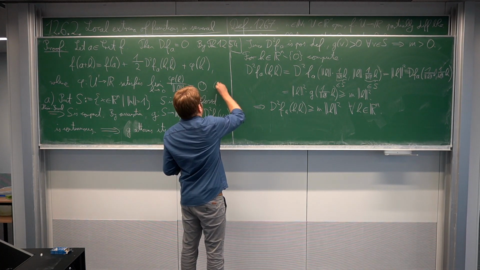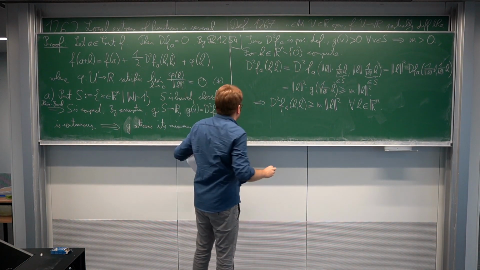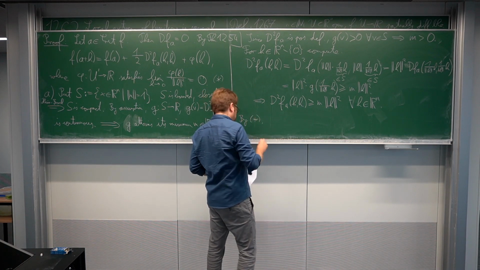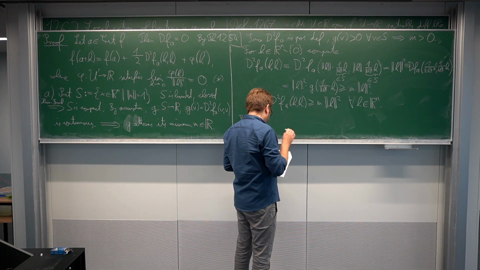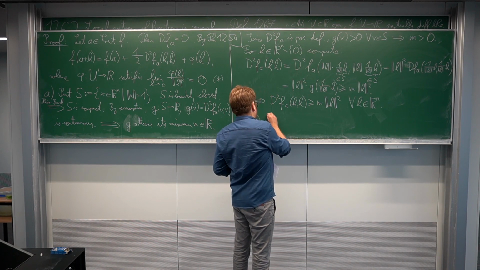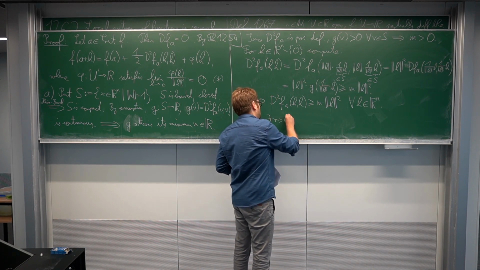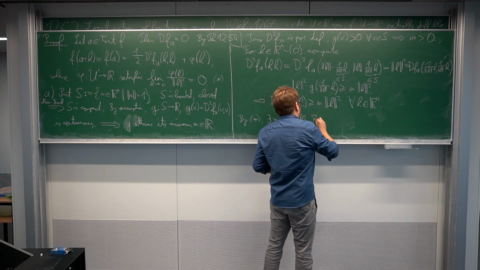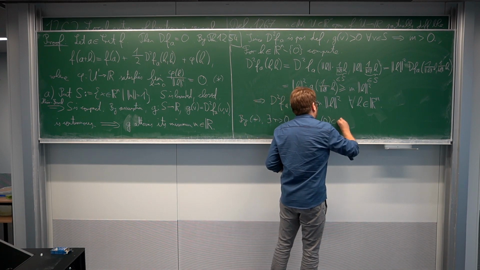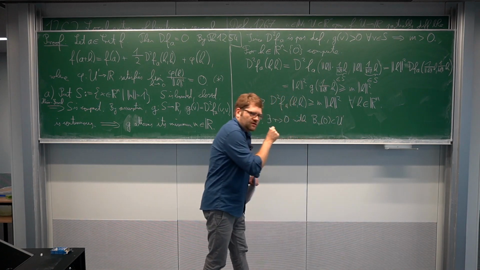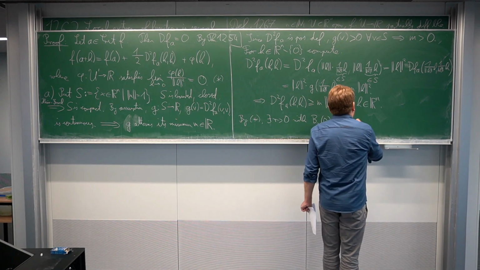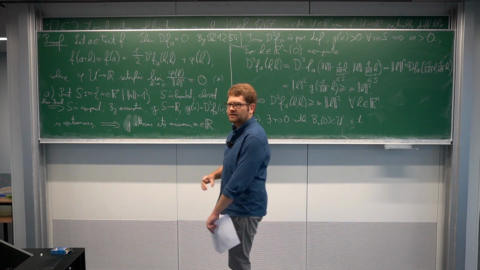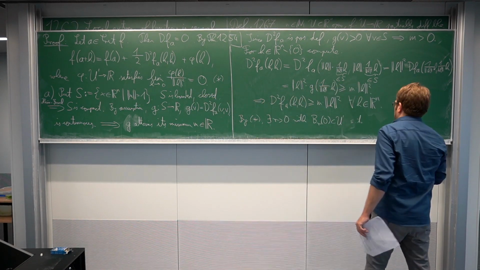So let me call this small equation star. Namely, by star, we know that if we are close enough to 0, there exists some small r with B_r of 0 in U prime. So if we are close enough to 0, then we can always expect, since this holds, this goes faster to 0 than the square here.